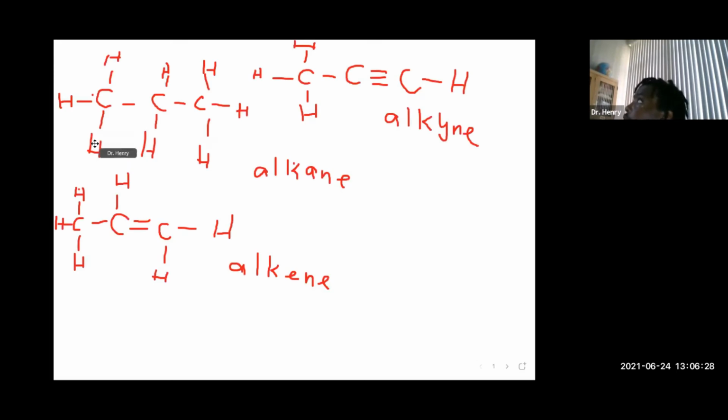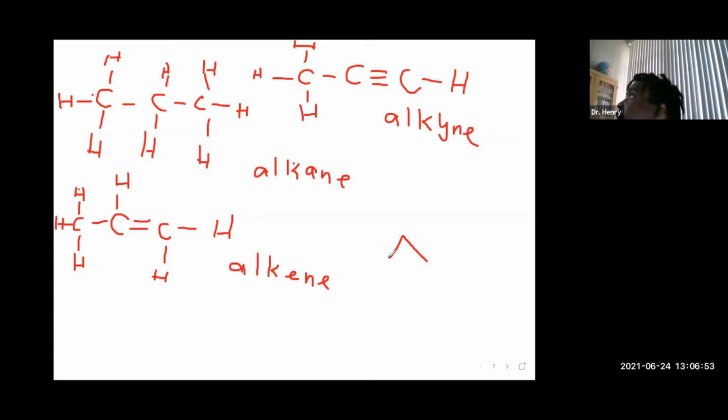Let me go back to the page before. This guy has 1, 2, 3 carbons, right? You see those 3 carbons? The way we would draw this, using the skeletal structure, is each point represents a carbon. 1, 2, 3. Since they're all single bonds, you know how many hydrogens you're going to have.